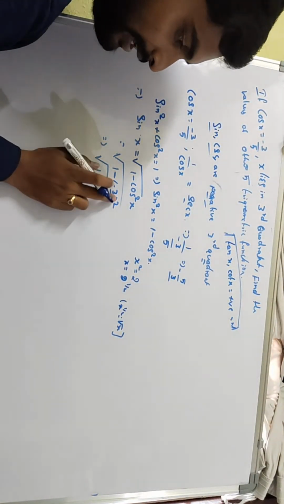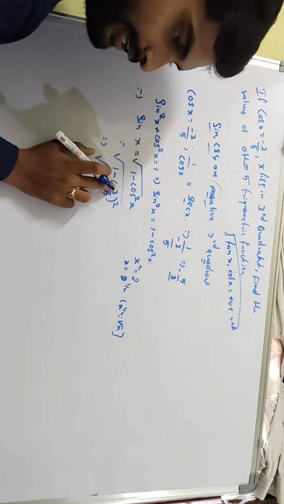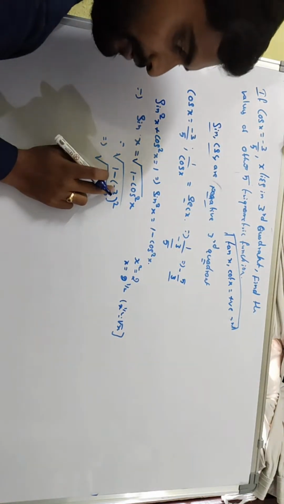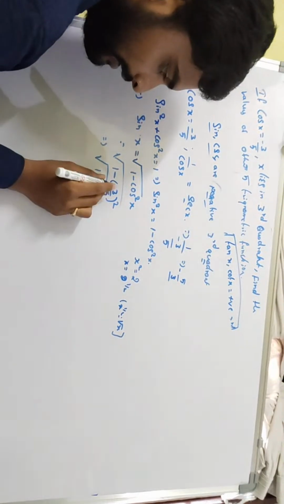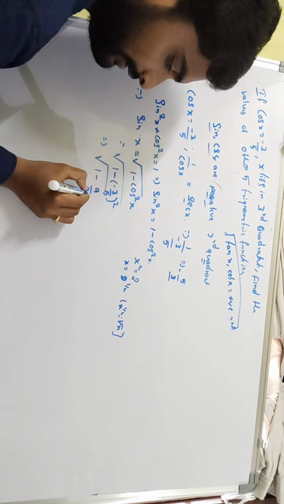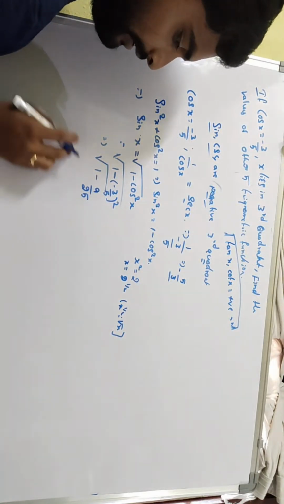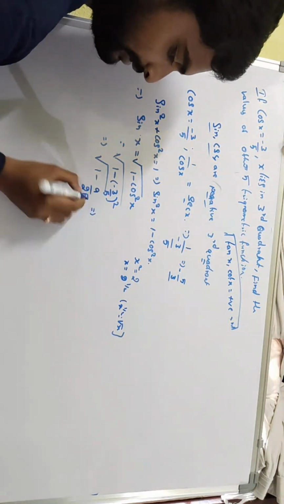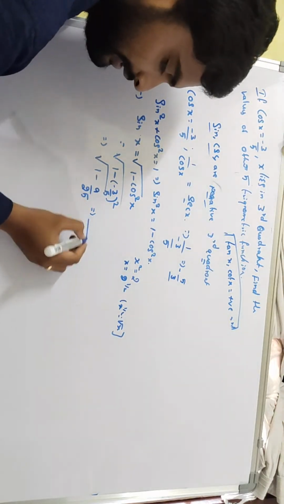When we square a negative term, it becomes a positive value. So 1 minus 3 whole square by 5 whole square means 1 minus 9 by 25.